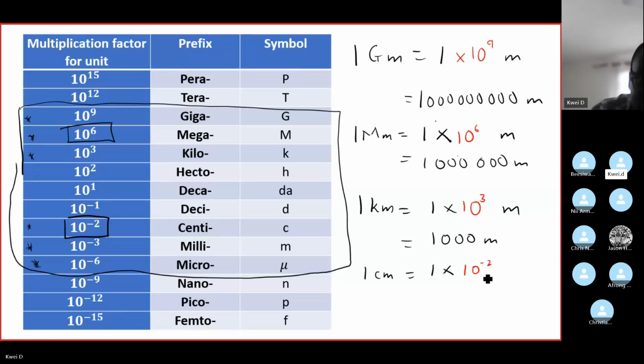That's what 1 centimeter means. And what is 10 raised to the power minus 2? 0.01 meters. Very good. So that's equal to 0.01 meters. Are you seeing?